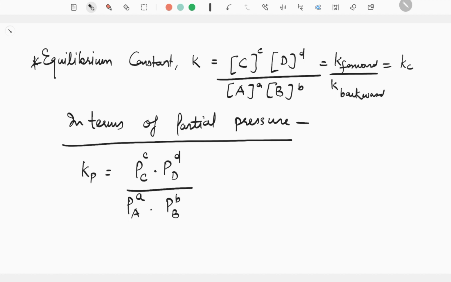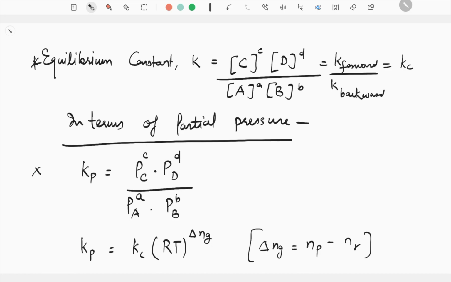This dot shows multiplication. And Kp is equal to Kc (RT)^delta Ng, where delta Ng is equal to the number of moles of products minus the number of moles of reactants. So these are the relations.